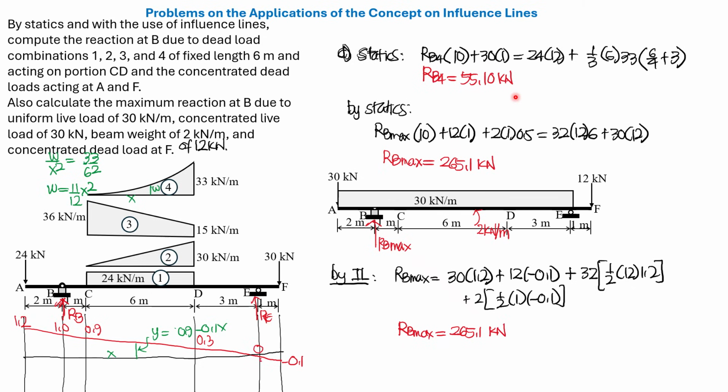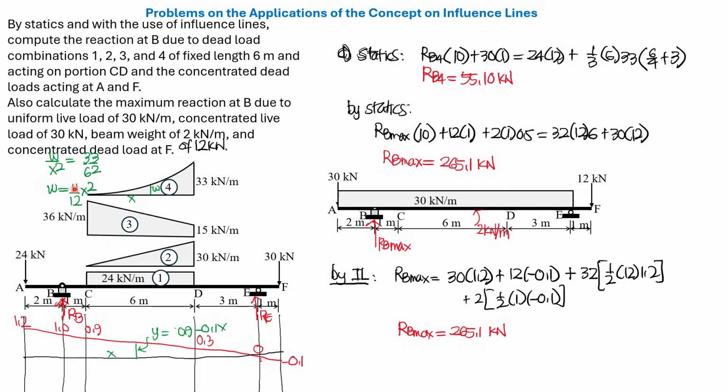And for the concept of influence lines, we have RB4 equals 24 times 1.2 plus 30 times negative 0.1, then plus integral of w. By square property of parabola, w is to x squared as 33 is to 6 squared.